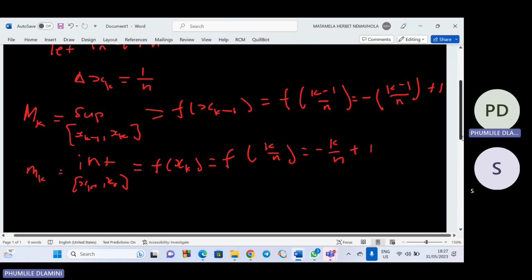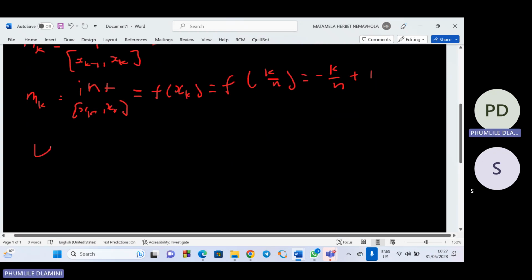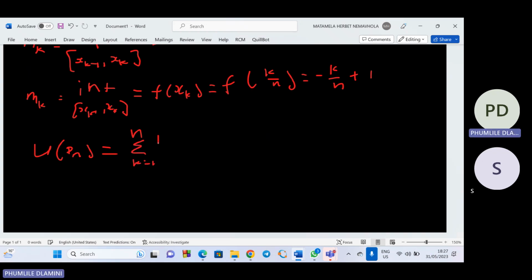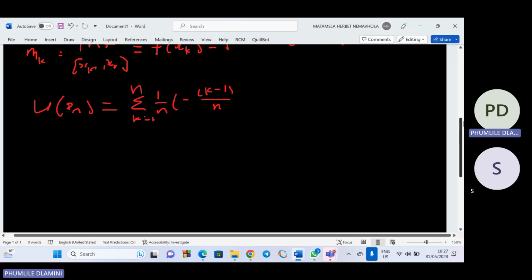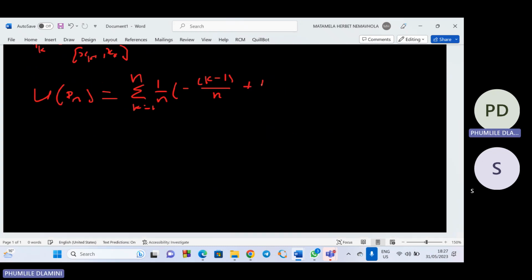Then now we're going to get our U. We can start with U, you can start with any, even L. U of Pn is going to be the sum from k equals 1 to n of, in brackets, we put minus, in brackets, k minus 1 over n. Let me check. We are checking it here. Yeah, it's k over n plus 1.